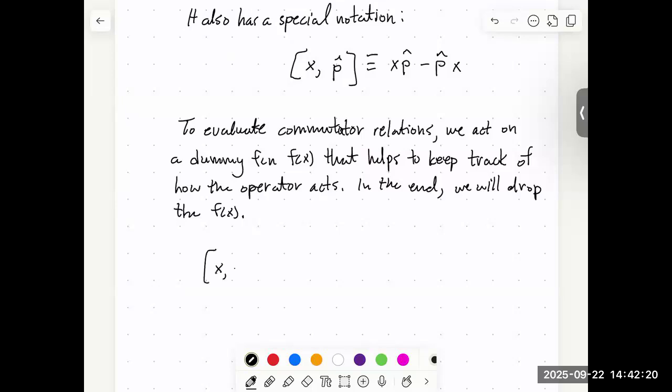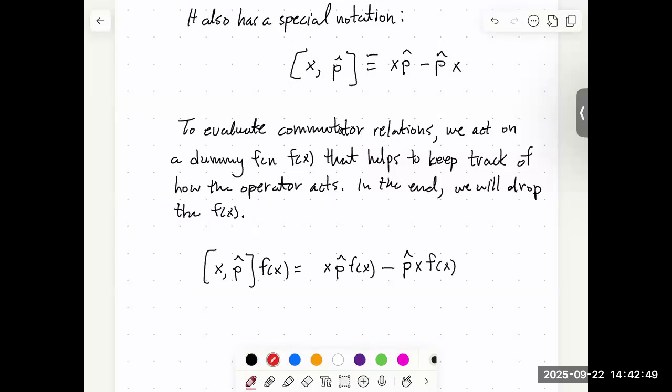So here's the commutator of x and p hat. And what I'm going to do is make up some function. I don't even have to have a form for this function. It's just some function of x. And then we just write out the commutator. It's x p hat, but then it's going to multiply f of x. So I'm going to have f of x, and then we have minus p hat x, and that also has to multiply our f of x.